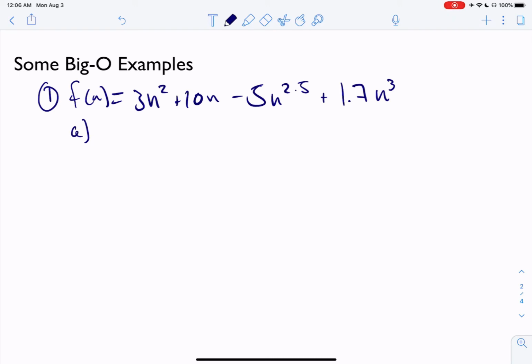A, it's certainly true that f of n equals big O of n cubed, because the leading term here is n cubed. So even though this function has all these other terms, the largest term is this one right here, right? And that's the one that we care about, and so certainly this thing does not grow any faster than n cubed.